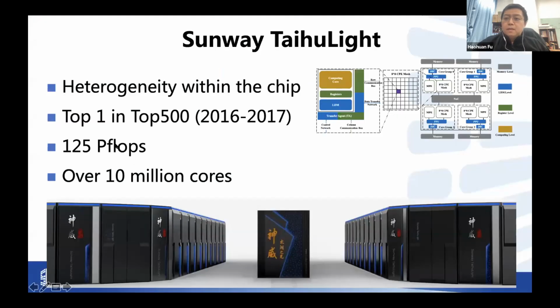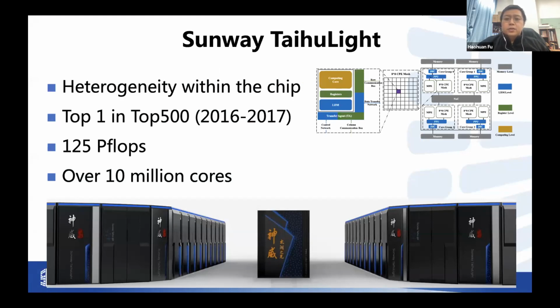Okay, so first, I would still like to use just one slide to point out some of the major features of the Sunway TaihuLight supercomputer. It's a many-core processor that we're using. Each processor has 260 cores.